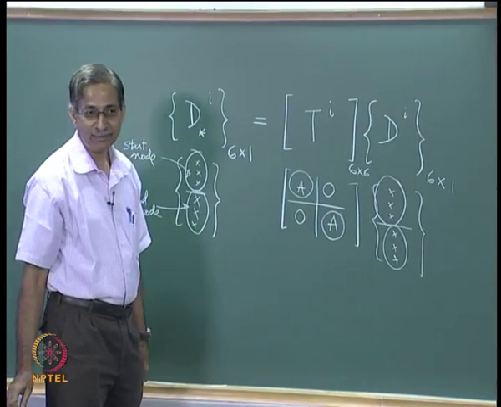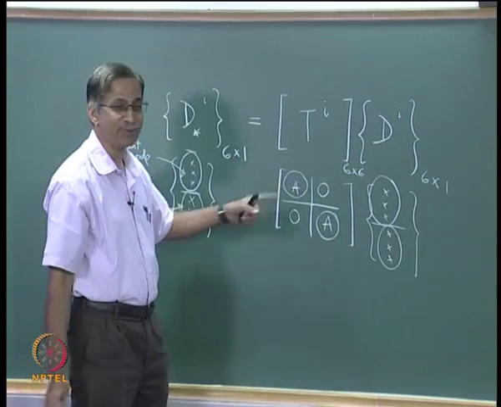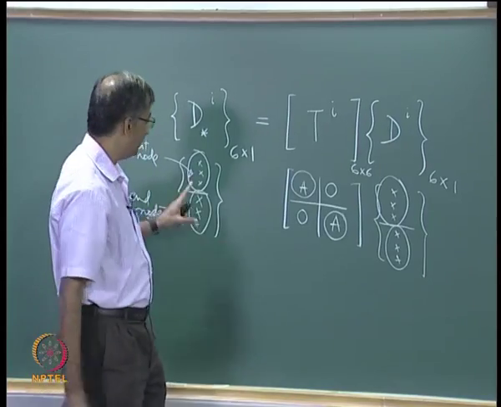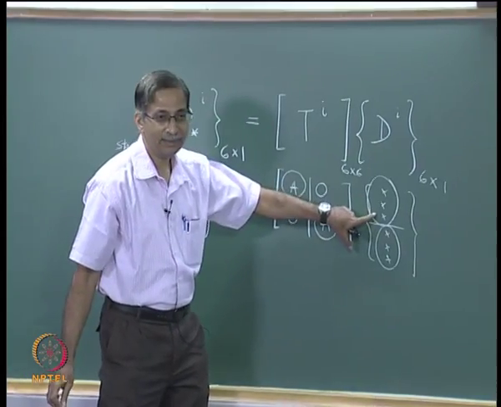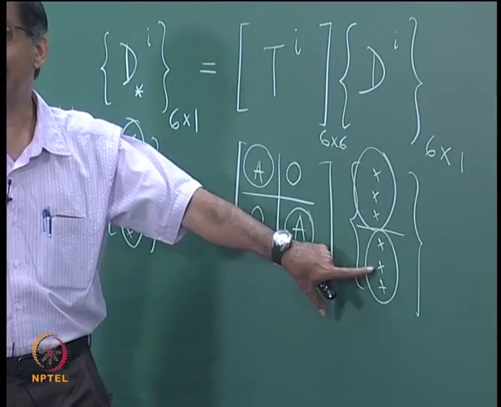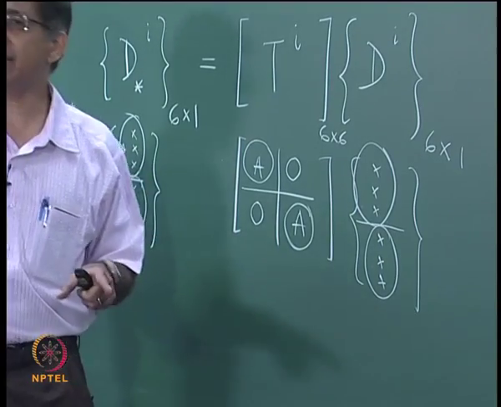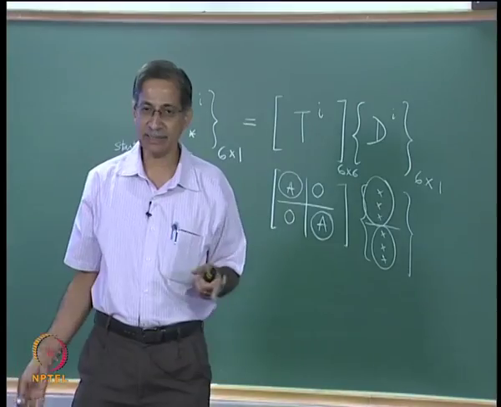Does it make sense? Once you have a transformation, they are not independent. These two are dependent. What is their dependence? This transformation. You are just rotating the axes. Obviously there is a dependence, right?